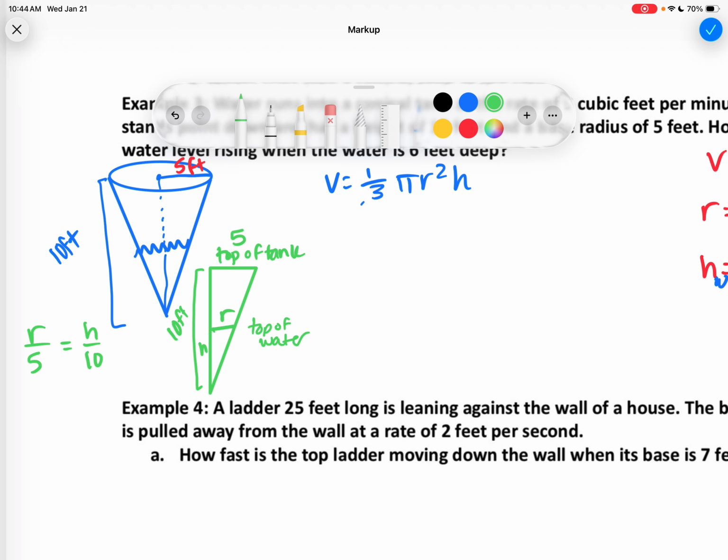And if I wanted to get r by itself, then multiply by 5, so r equals 1/2 h. So then I can replace this in my formula, and it'll just make my life a little bit easier as far as simplification goes.